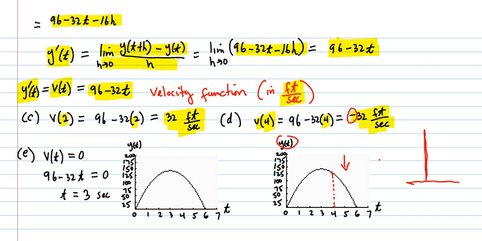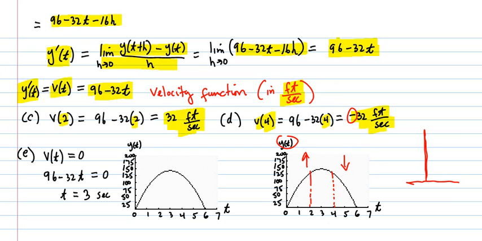It's losing height at 4 seconds because the ball's coming back down. That's why it's negative velocity, because it's going downward instead of upward. Whereas at 2 seconds, the ball was still going upward, still gaining height as time changed. So that's what the different signs mean.